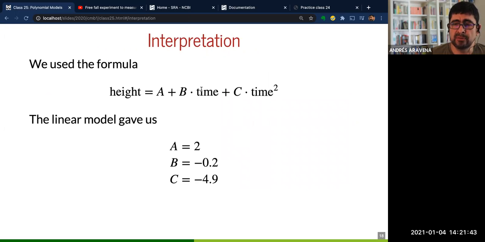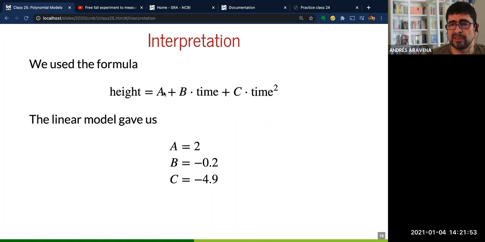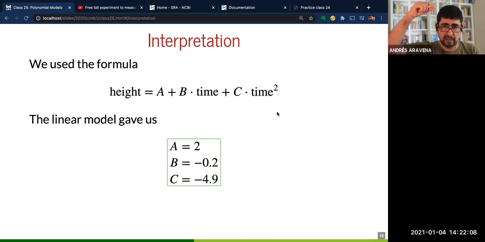If time is 0, at the beginning of the experiment, then you only have A. This is 0, and this is 0. So you only have A. Therefore, A is the height at the beginning, the initial position. In this case, I simulated starting from 2 meters.